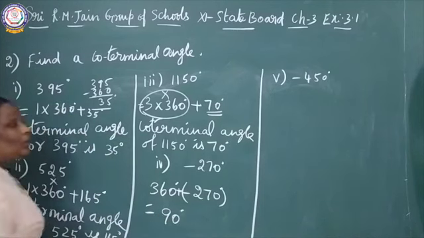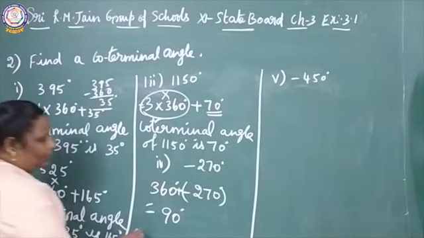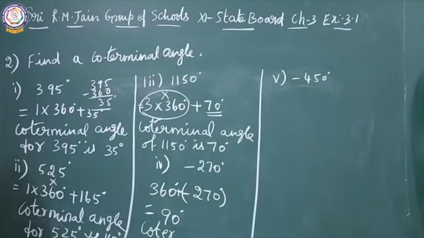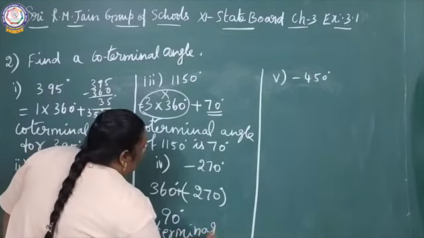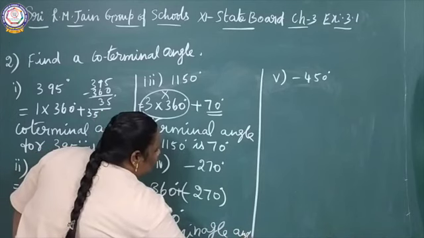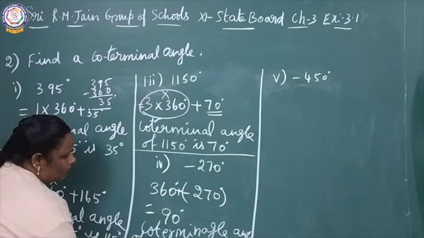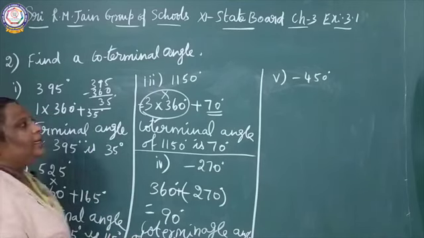So the coterminal angle of minus 270 degree is 90 degree.